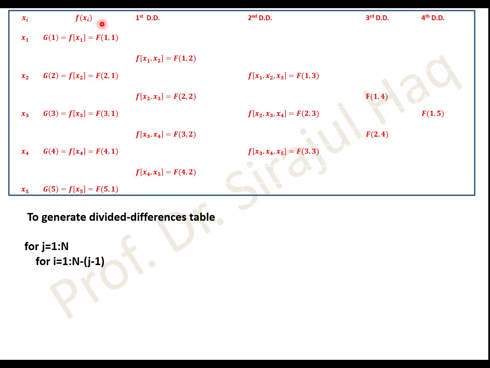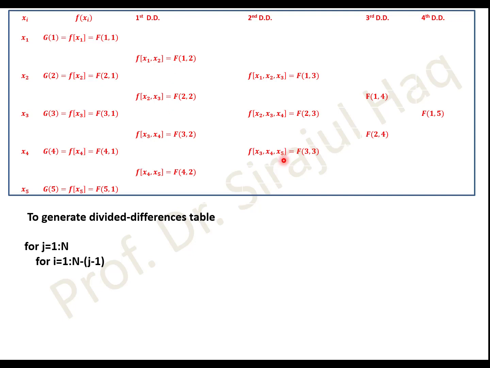When j is equal to 1, this is the column we are using. So this portion will be 0, and i starts from 1 up to n, so you can see i from 1 up to 5. j is equal to 2, second column: 2 minus 1 is 1, so n minus 1, 5 minus 1 is 4, and you can see there are 4 rows.